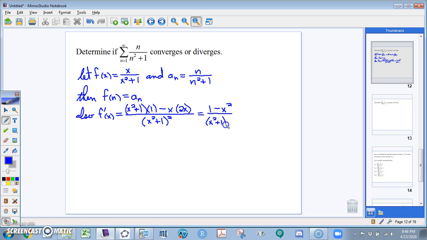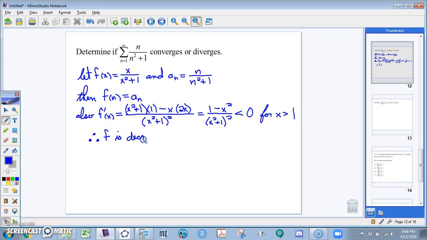I know the denominator, of course, is always positive. This numerator, once I get numbers bigger than 1, is definitely a negative number for x greater than 1. Therefore, I know that f is decreasing.